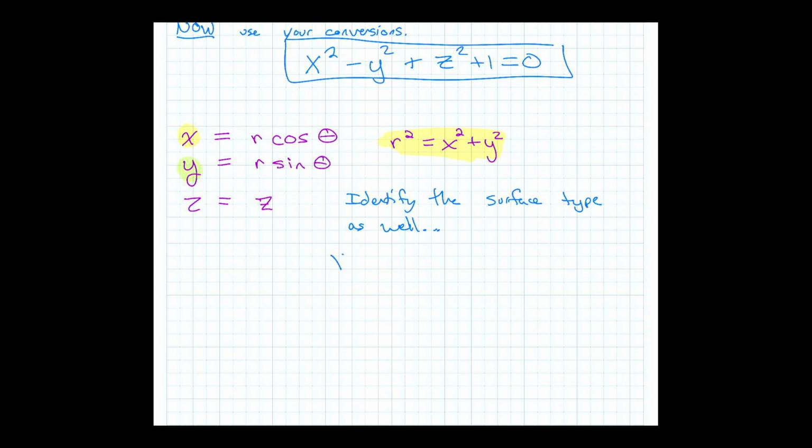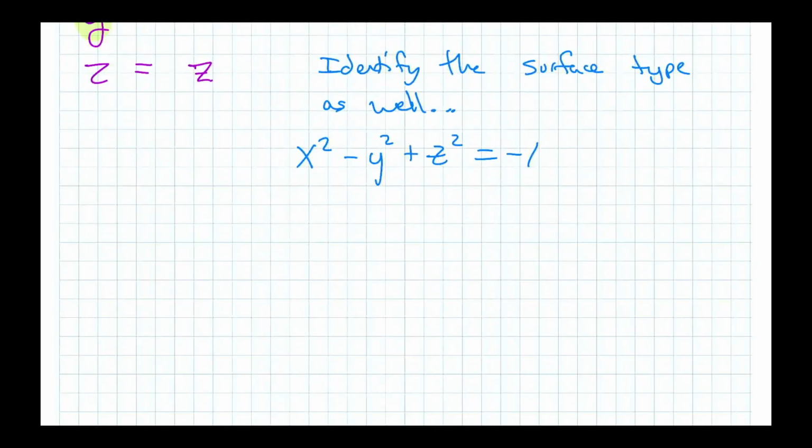So I have x squared minus y squared plus z squared equals -1. And then I know that you're not supposed to have a -1 over here. You're supposed to have a +1. So I should multiply everything by -1. And I'm going to get -x squared, +y squared, -z squared equals +1.